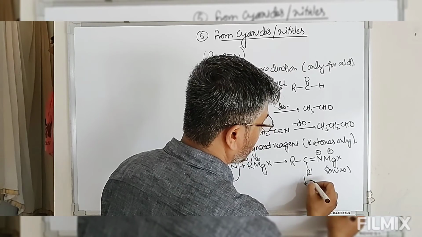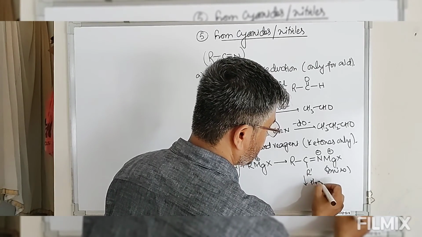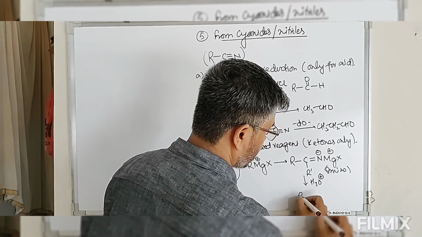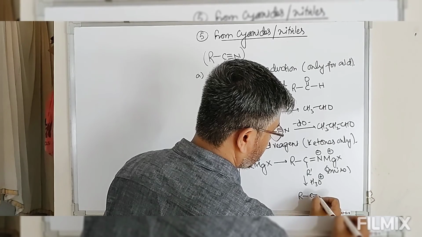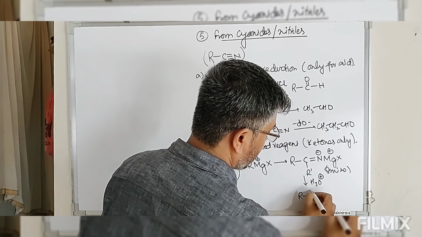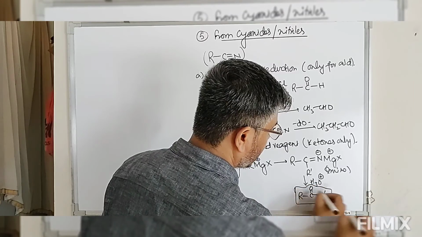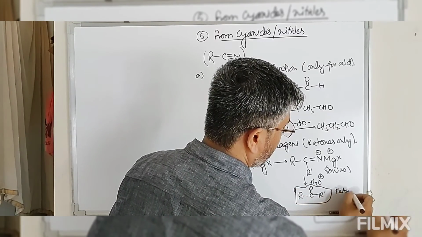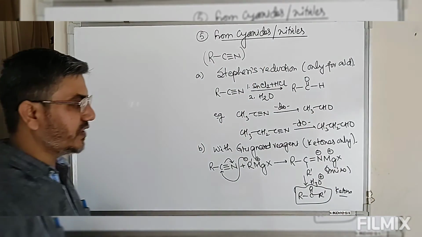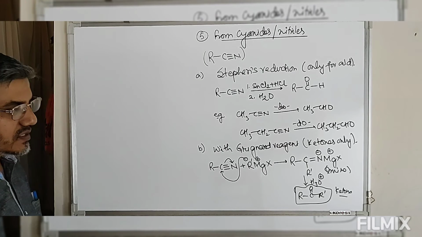Now this imine on hydrolysis, hydrolysis of imines gives you ketones, C=O with R and R'. So this is a ketone. So from this cyanide we can prepare aldehyde as well as ketone.